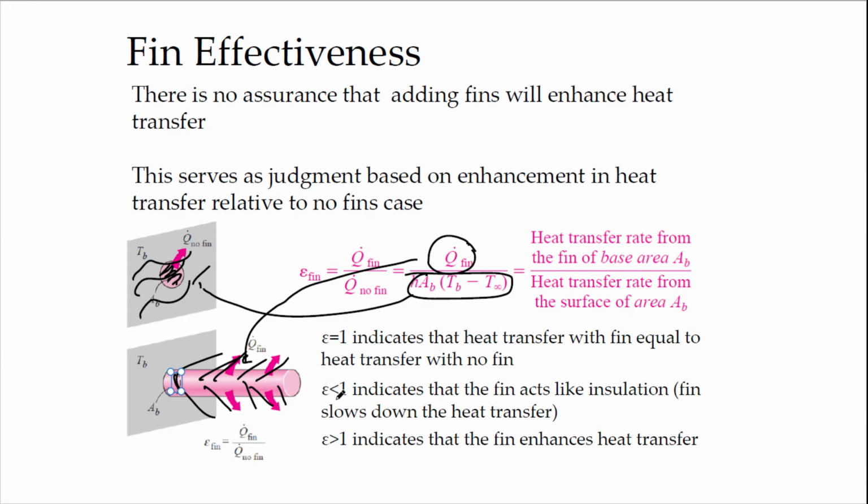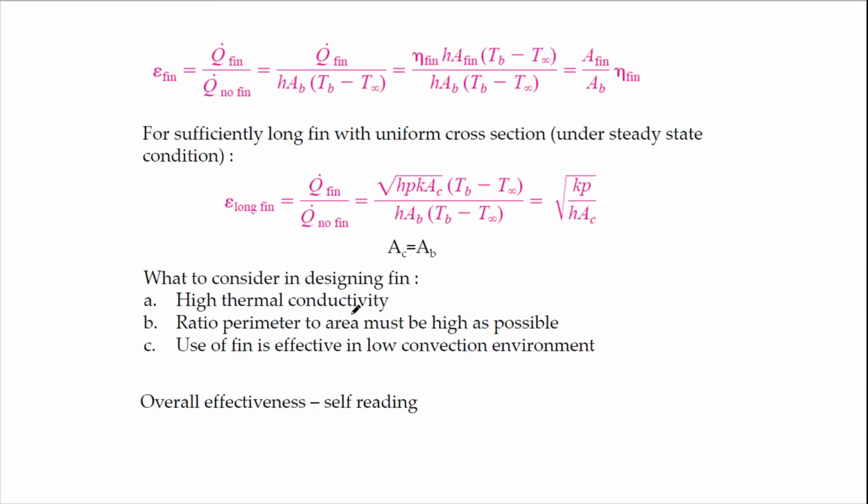You will accumulate heat on the base, so your base will be hotter than ever. This is not what we want. What we want is an effectiveness larger than 1, which indicates that the fin enhances heat transfer. Meaning the value of Q_fin is larger than Q_base, so it's effective in removing heat.